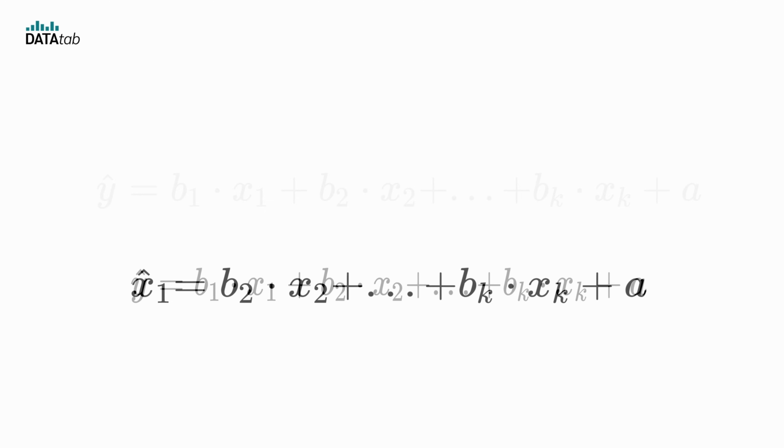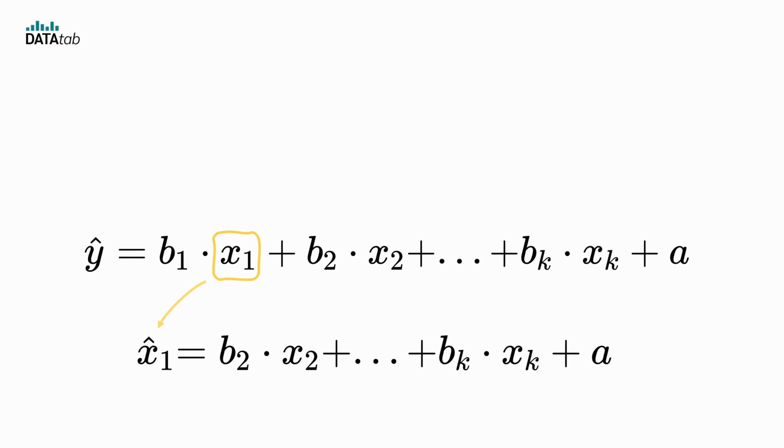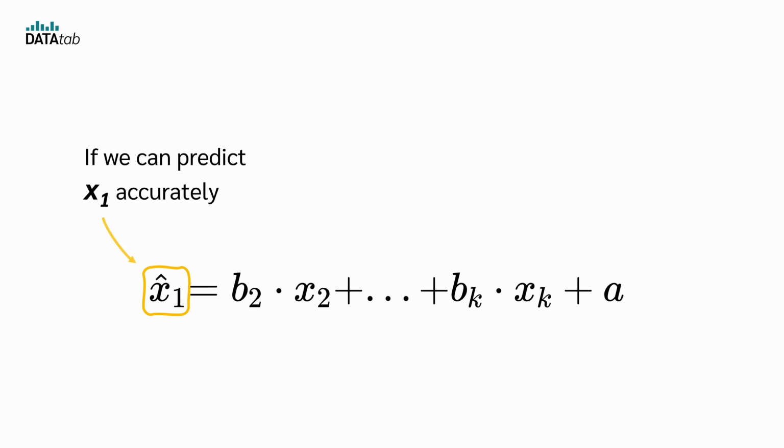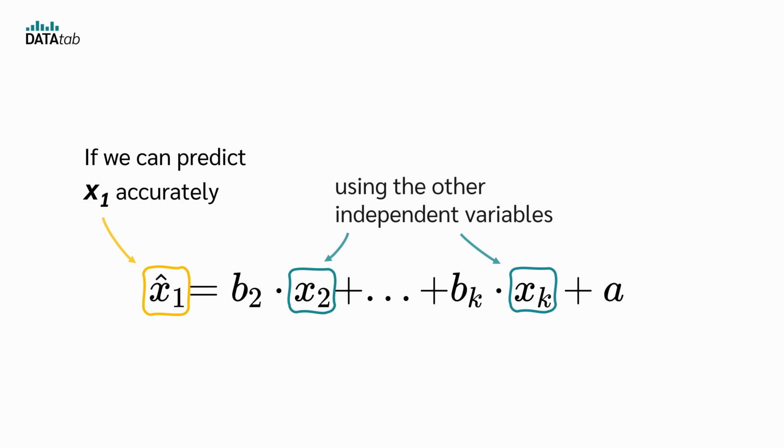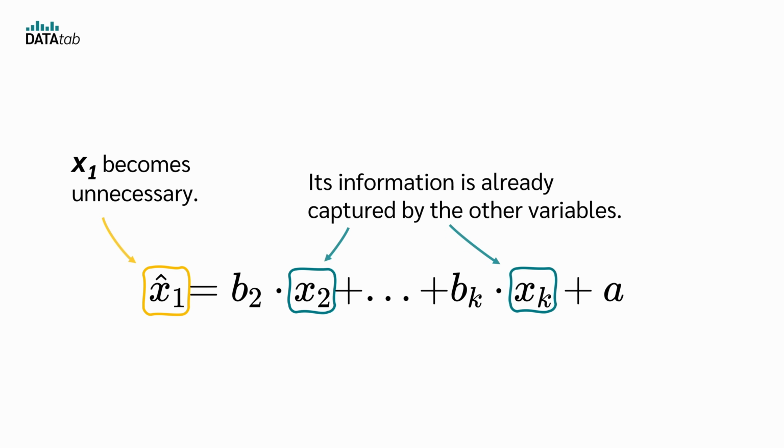For this, we simply set up a new regression model. In this regression model, we take x1 as the new dependent variable and keep the others as independent variables. If we can predict x1 accurately using the other independent variables, x1 becomes unnecessary. Its information is already captured by the other variables.